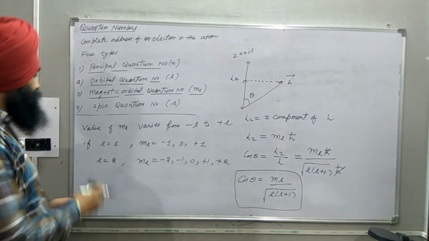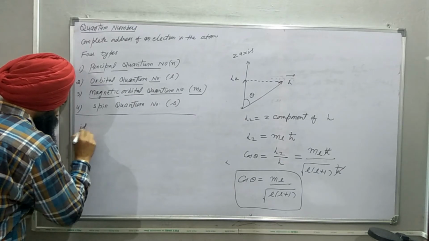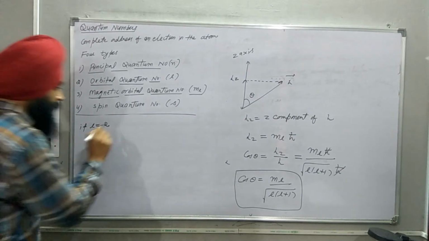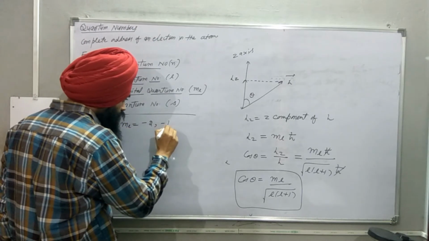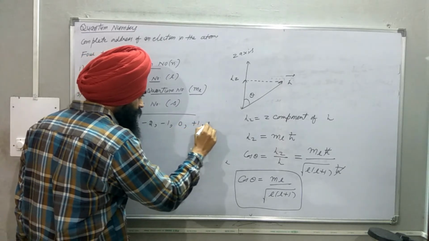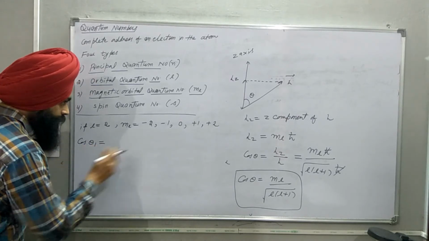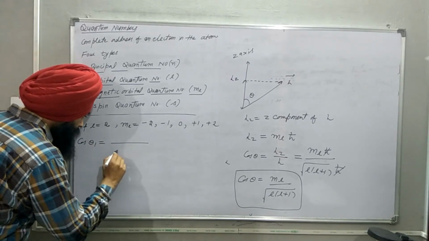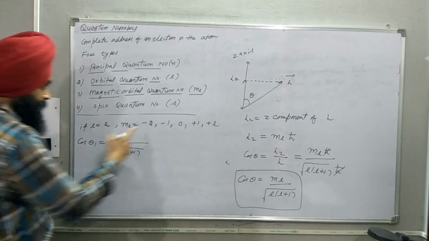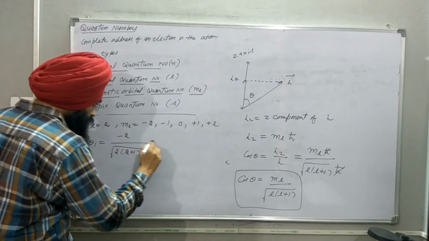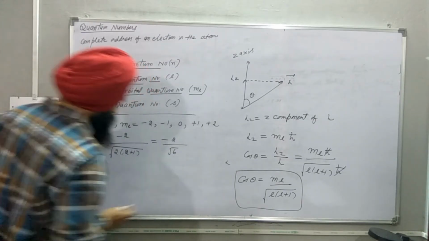Let us take an example. If L is equal to 2, the value of ml is minus L to plus L, that is minus 2, minus 1, 0, plus 1, plus 2. Then for orientation, cos theta 1 is equal to, let us put the first value, minus 2 upon root 6.